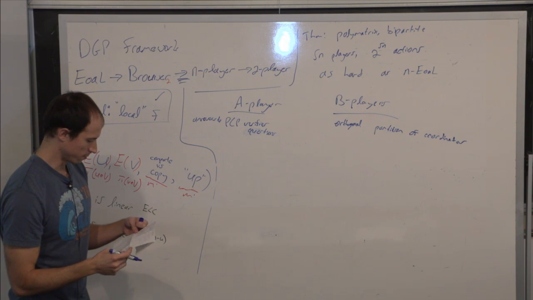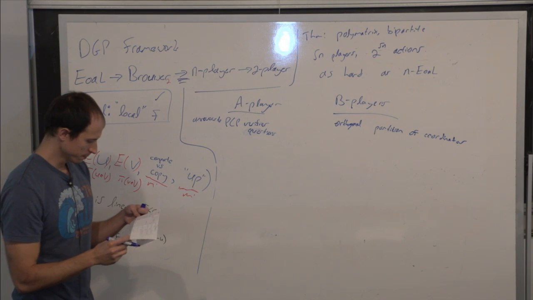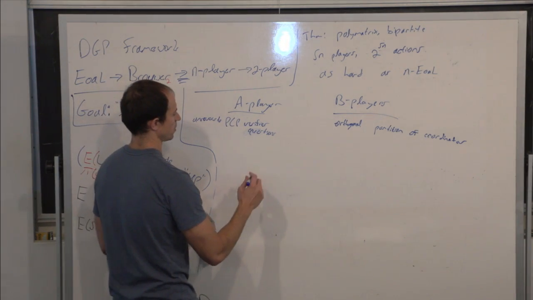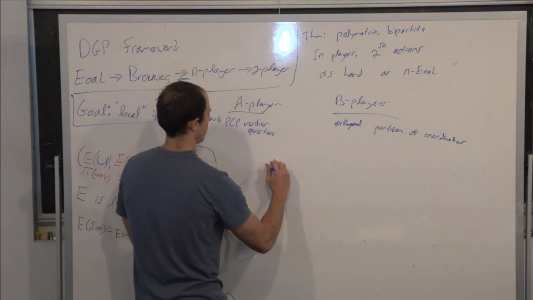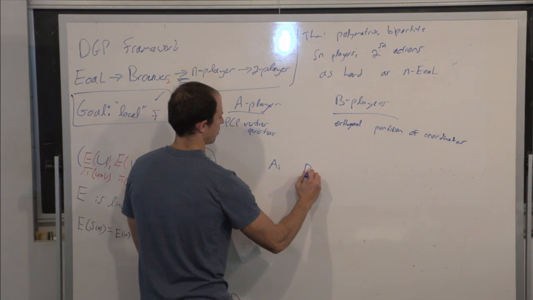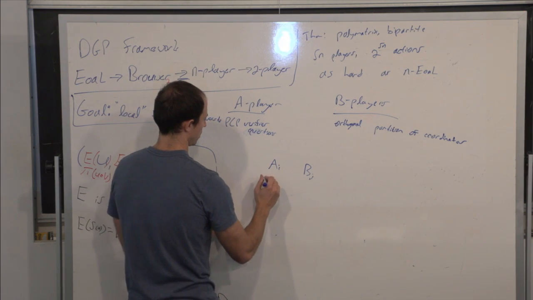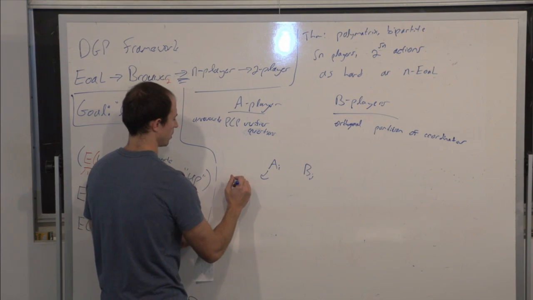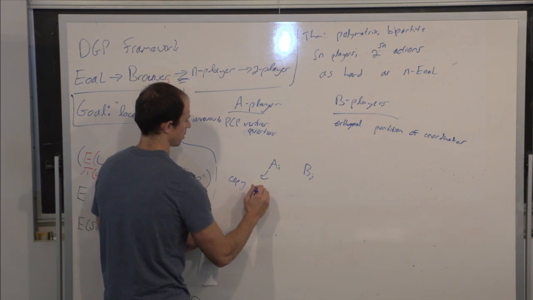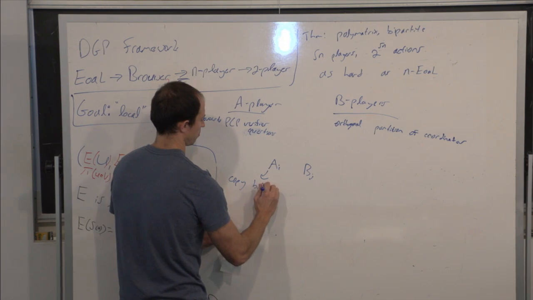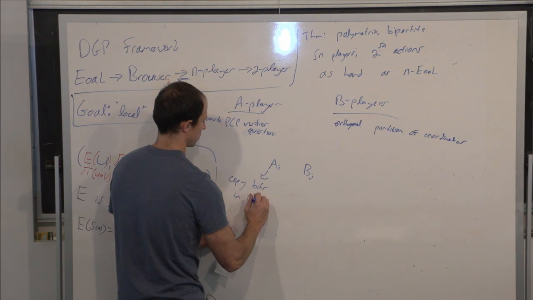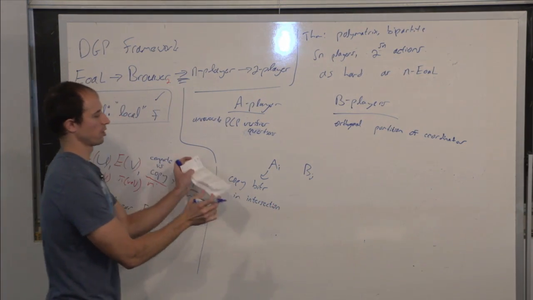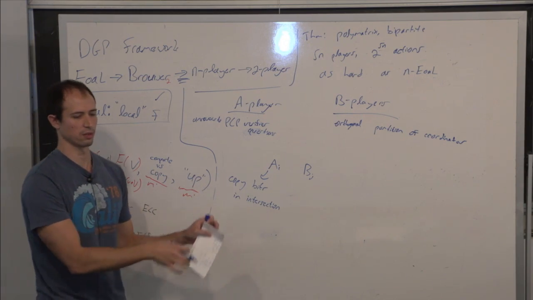And now, if you have this game between A_i and B_j, A_i is incentivized, the same imitation game type stuff, incentivized to copy bits in the intersection. So they each have root n tuples, and they have exactly the right number of coordinates.